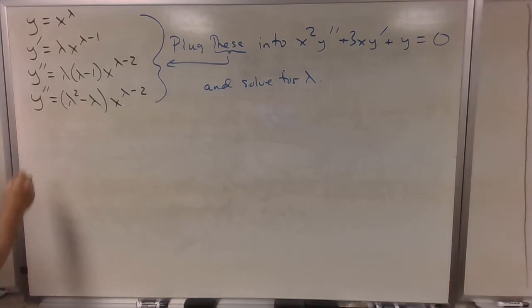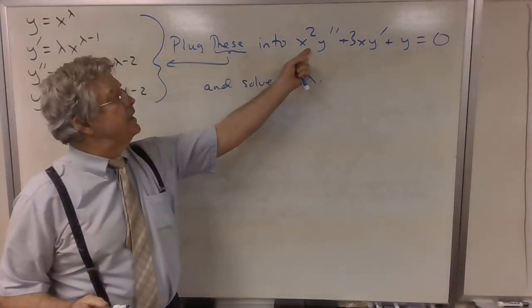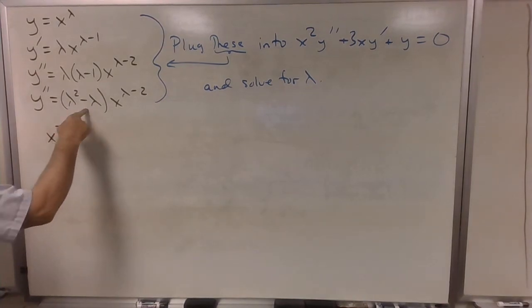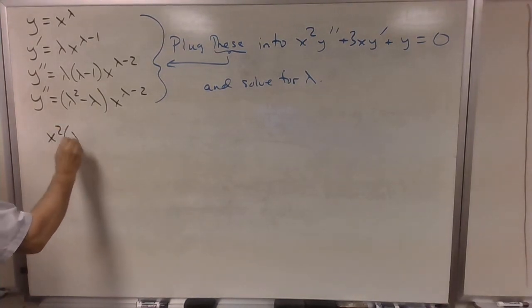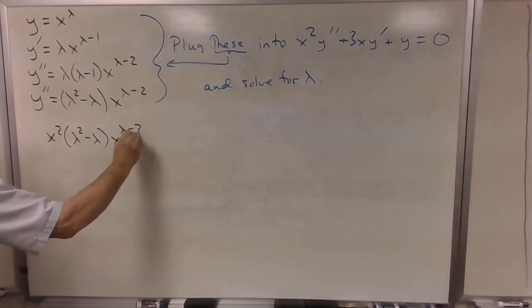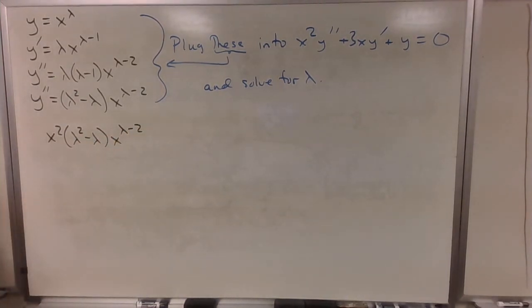So let's see. x squared y double prime is lambda squared minus lambda x to the lambda minus 2.